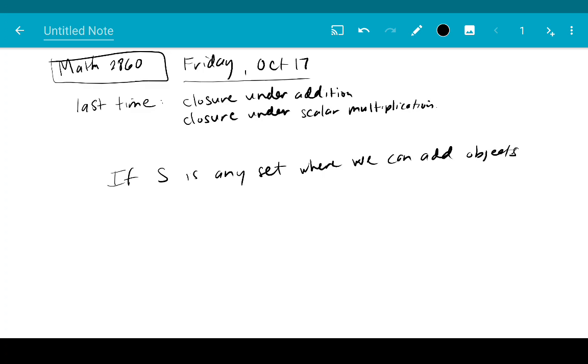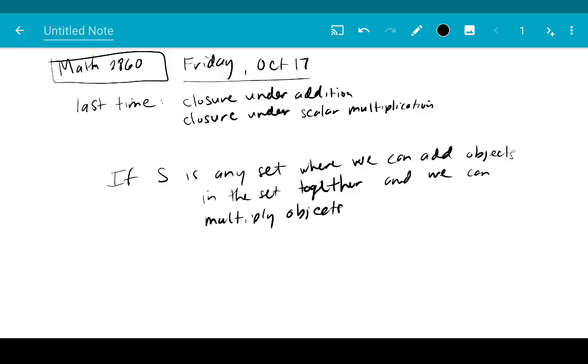We can add objects in the set together, and we know how to multiply objects in the set by scalars. Remember, in this class, a scalar is just a real number. We'll generally call our scalars k, and k can be any real number.